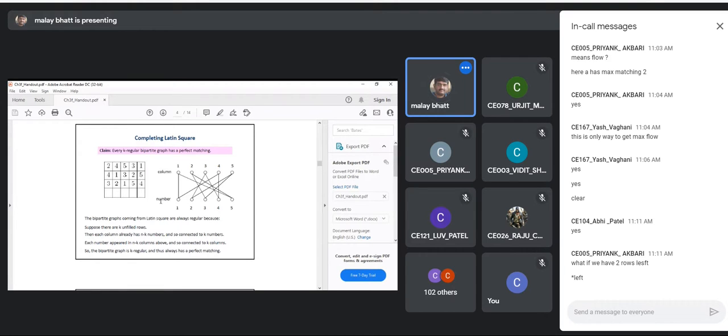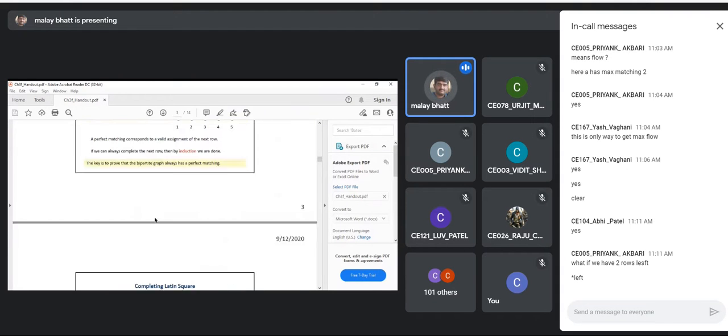Clear? Here the fourth row is there, so it will connect with two numbers. Each number appeared in n minus k columns above. So this bipartite graph is k-regular, and thus it has a perfect matching.